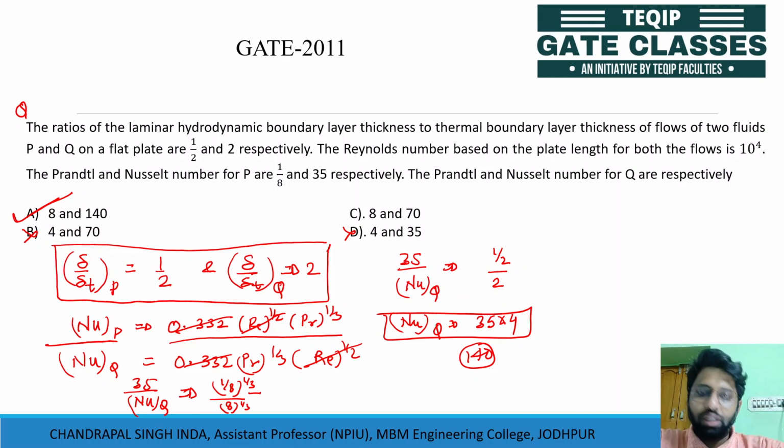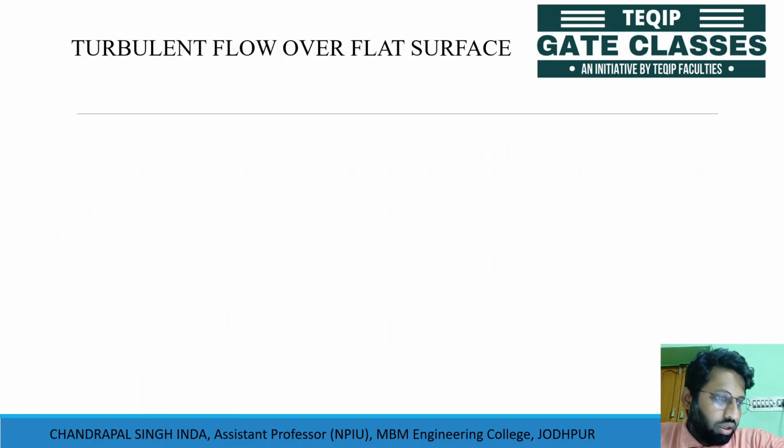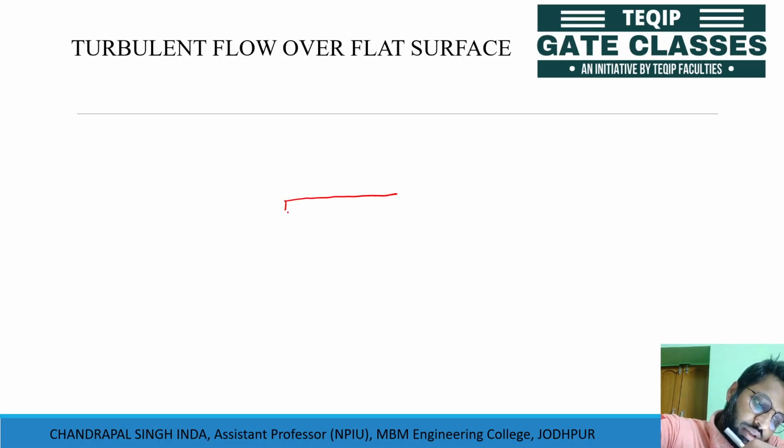So let's start with the empirical relationship for turbulent flow. Whenever there is a turbulent flow, prior to this there will be a laminar flow, and after this point there is a turbulent flow.